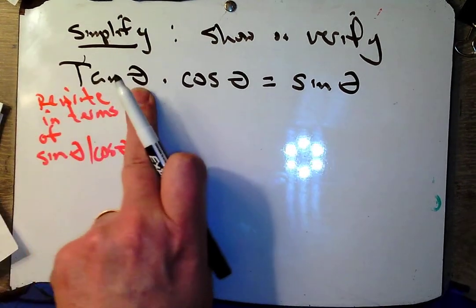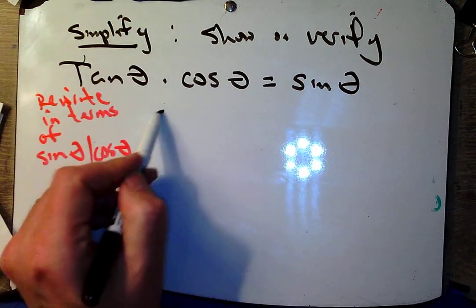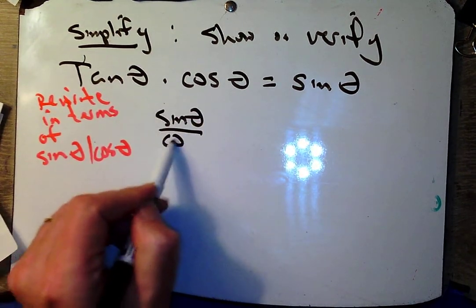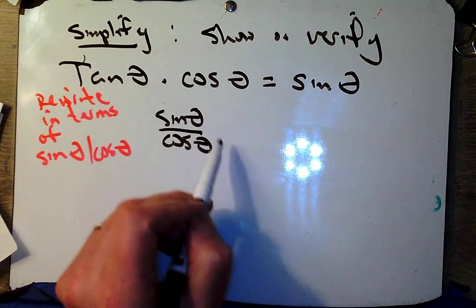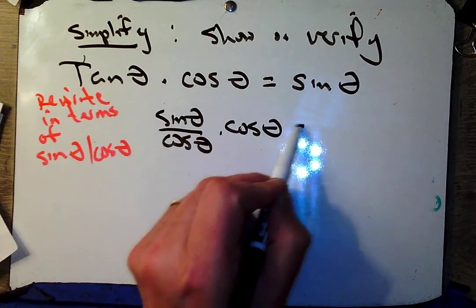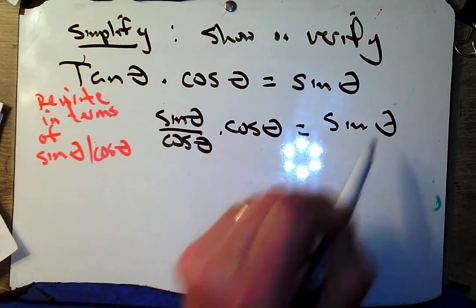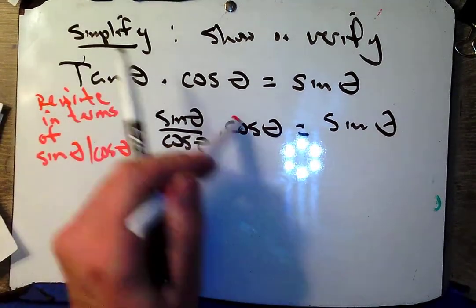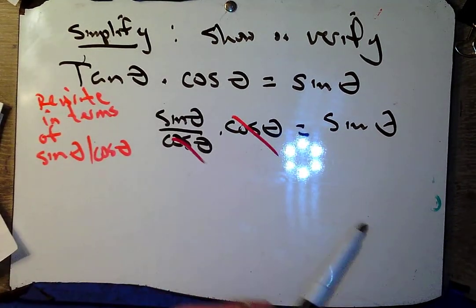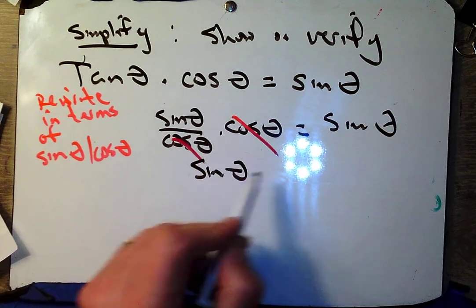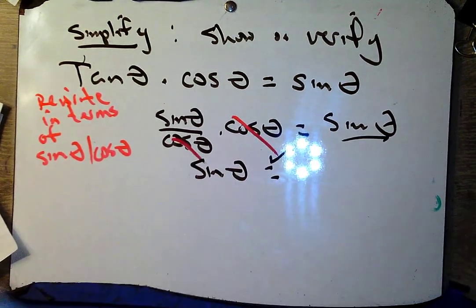So tangent, well, I know that tangent is sine theta over cosine theta times cosine equals sine. Oh, look. Isn't that nice? And I'm left with sine theta equals exactly what I wanted it to be.